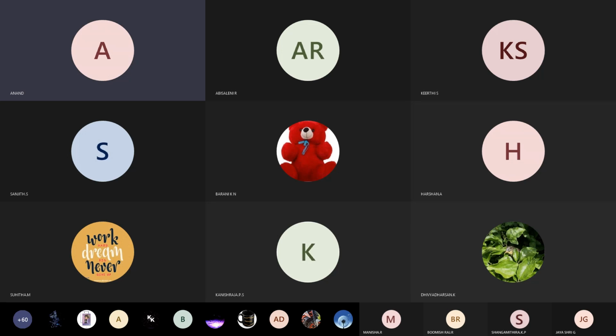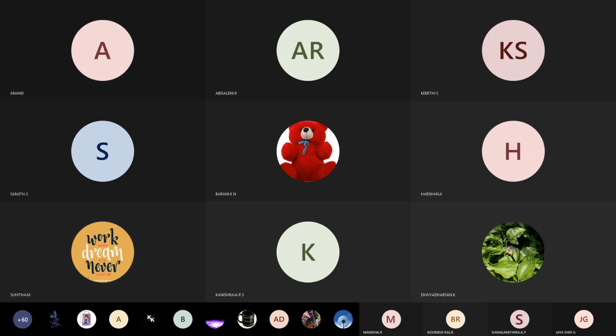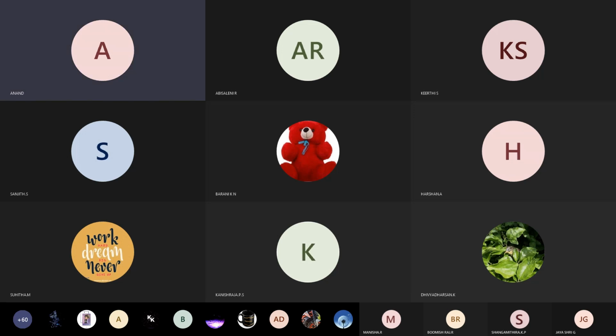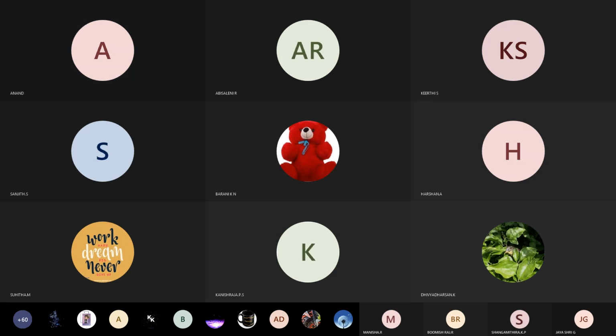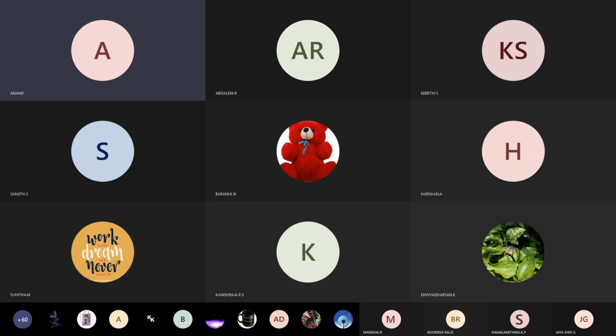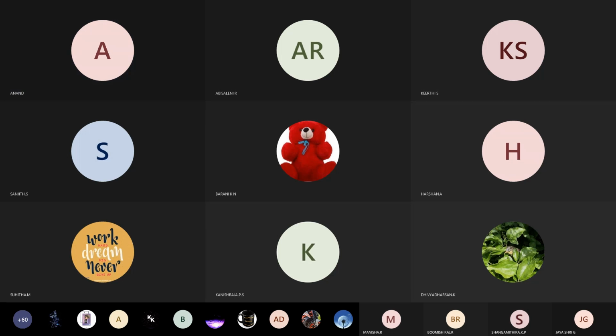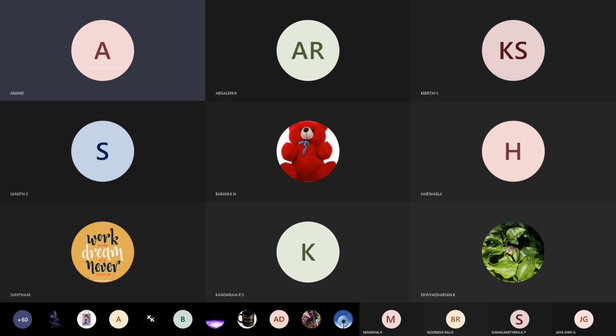So first write down the formula. I shared it in the WhatsApp group.